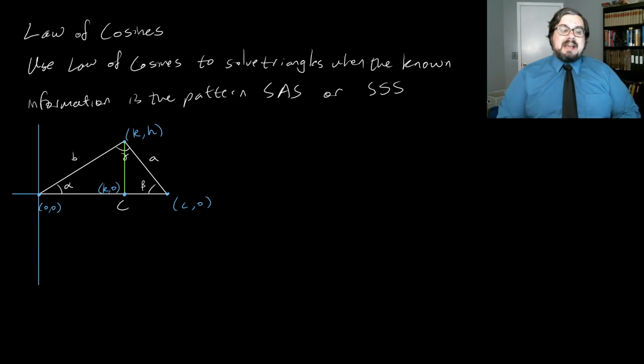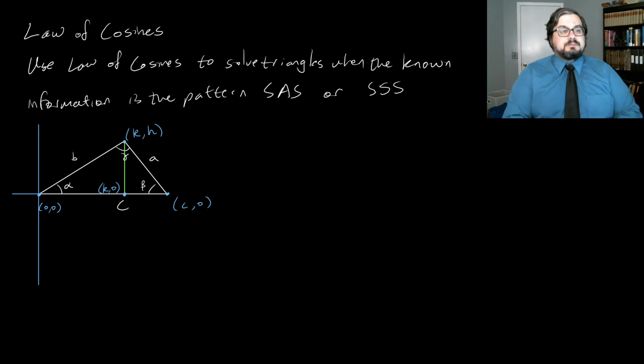Now, we're imagining that we're in a situation where we know, for instance, B, alpha, and C, but we don't know A, beta, or gamma.